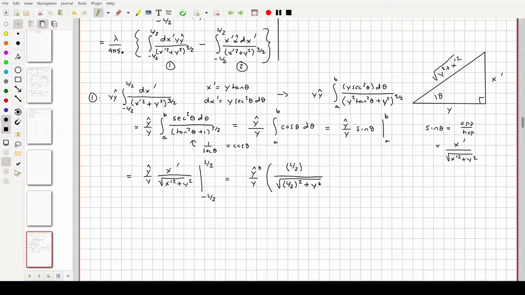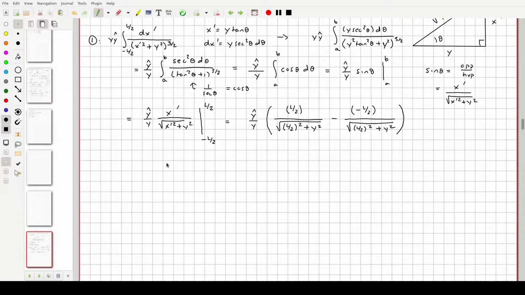That's this top limit, minus a minus L over 2 divided by the square root of minus L over 2 squared, which is really the same thing as L over 2 squared. That right there. So here you have a minus, which is a plus. You have L over 2 here plus an L over 2 here, which is just L.